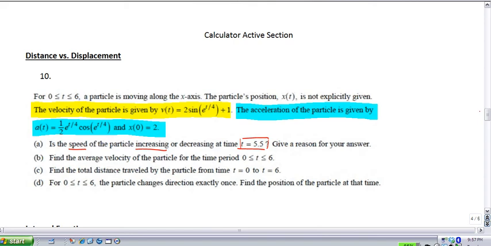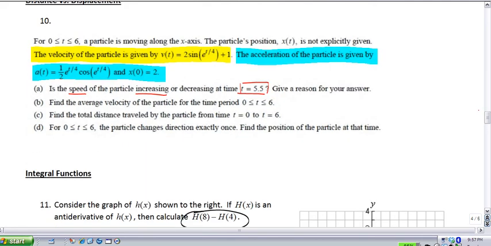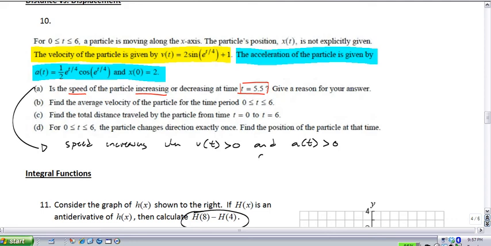Okay, well, you have velocity and you have acceleration. So if speed is going to be increasing, that's one of those two conditions out of the four. Okay, so we said speed is increasing when v of t greater than 0 and a of t greater than 0, or v of t less than 0.